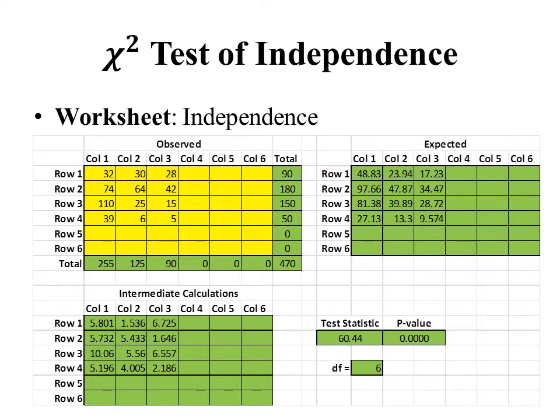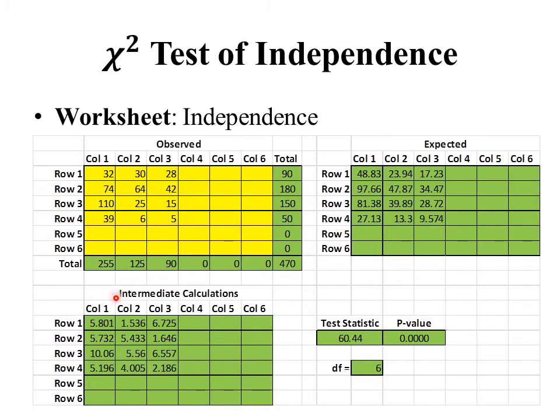So for instance here, if things were independent in a sample of 470, we would expect there to be about 48 people in this first category, but we actually observed 32. So we observed 32, we'd expect 48. There's a bit of a difference there. And likewise, we could compare these other expected values to the observed values.